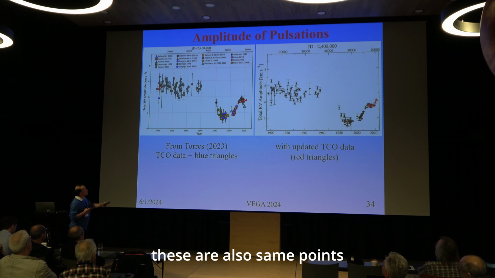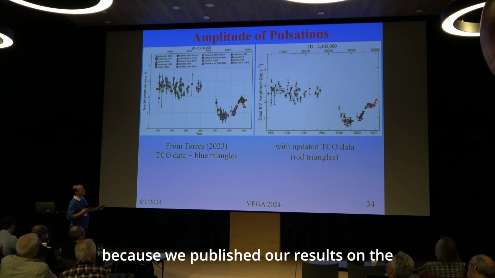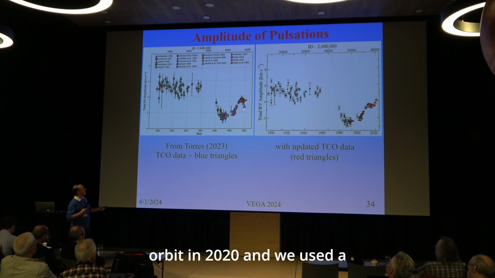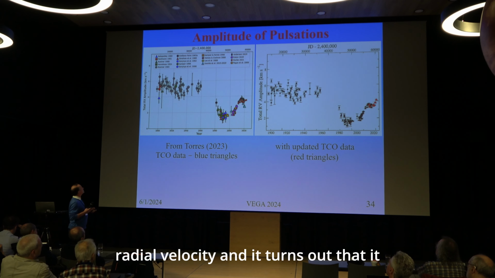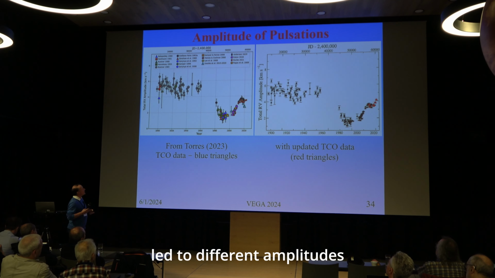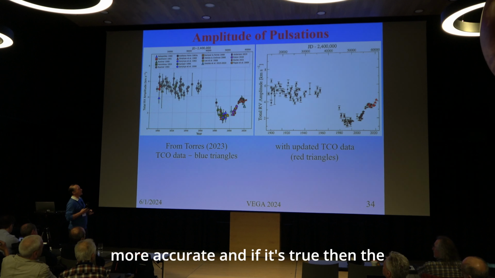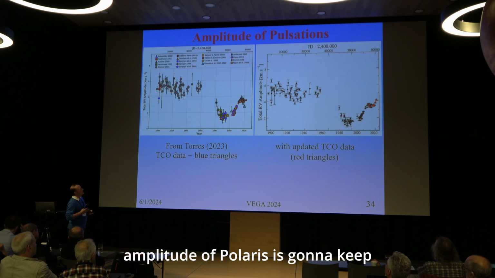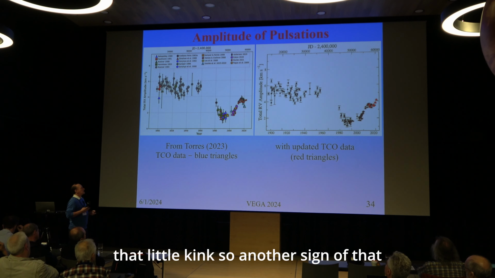These are also the same points, except for the last 2 years, because we published our results on the orbit in 2020. We used a different method of averaging radial velocity, and it turns out that it led to different amplitudes. I believe that this one is more accurate, and if it's true, then the amplitude of Polaris is going to keep increasing. But there was that little kink.